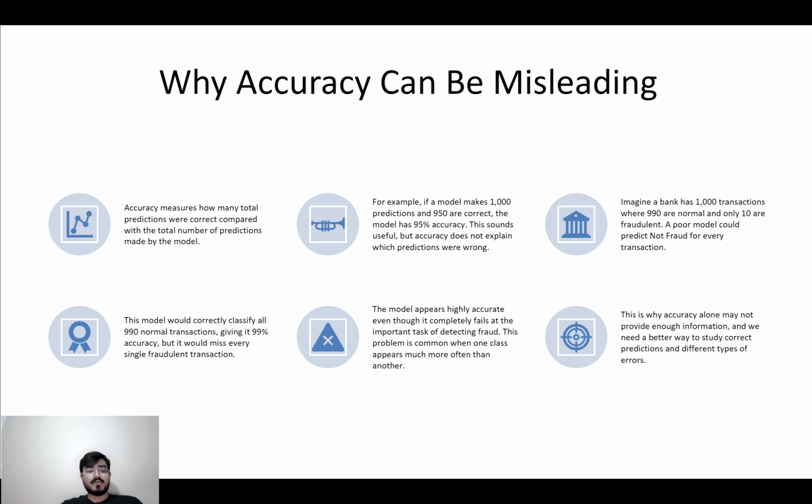For example, if a model made 1000 predictions and correctly predicted 950 of them, then the model has 95% accuracy. At first, this sounds like an excellent result. However, accuracy only tells us how many predictions were correct overall. It does not explain which predictions were correct or what kind of mistakes the model made.